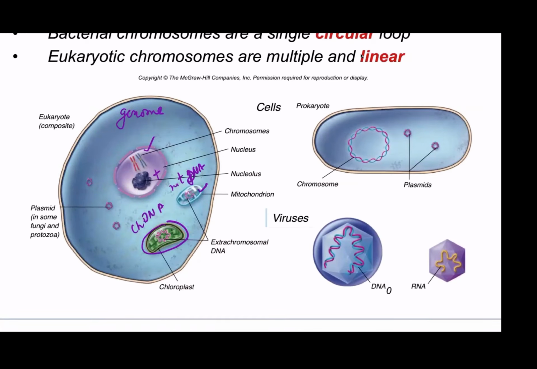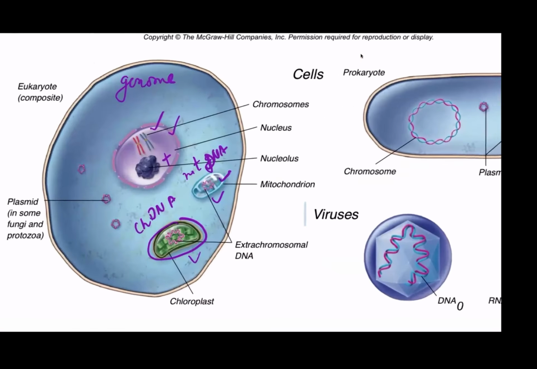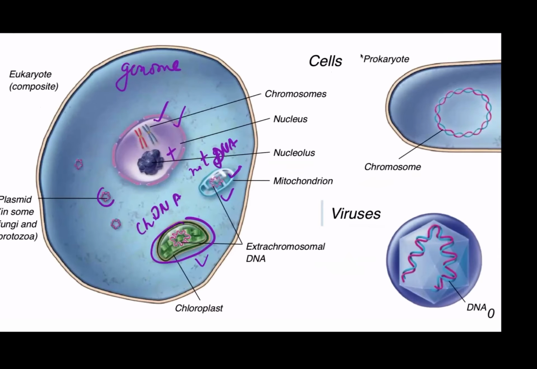Sometimes you also see small extra chromosomal DNA, in plants and in eukaryotes too, which we call plasmid DNA.